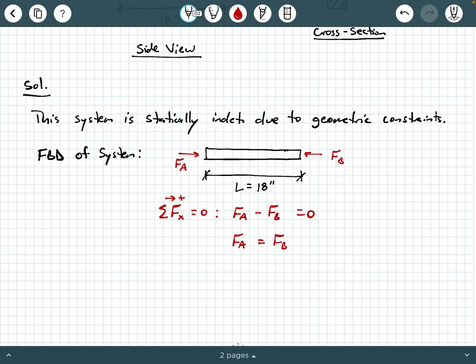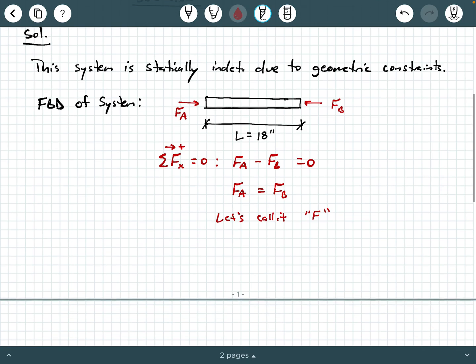And again, it's going to be assumed to be a compressive effect, which is a very safe assumption given that we're going to have a temperature increase, which causes the material to want to expand. Now, since FA is equal to FB, let's call it F. All right, so since this reaction FA is the same as FB, we can just drop the subscripts and call both of them F.